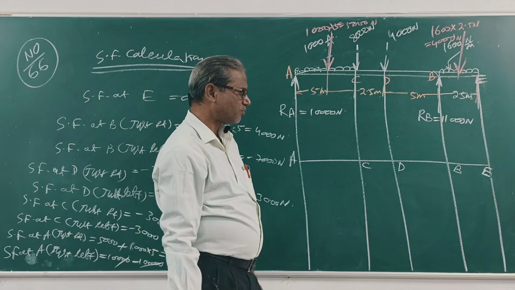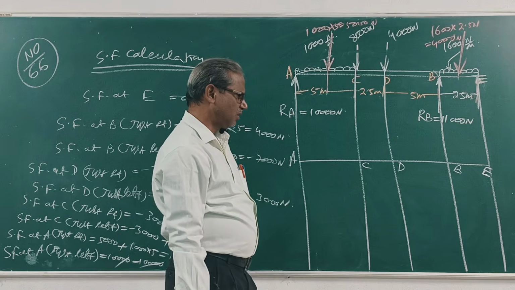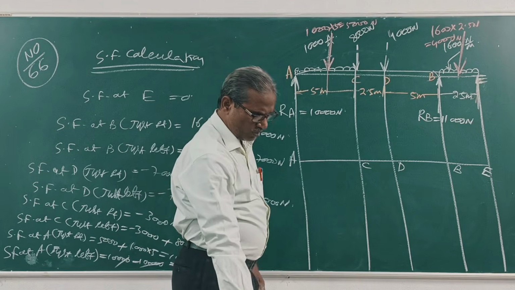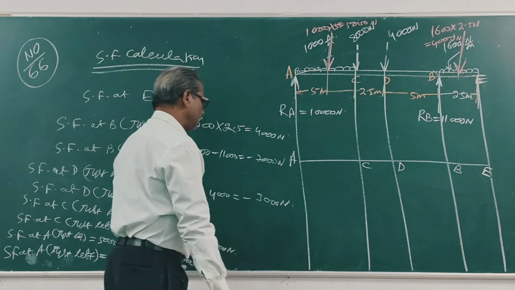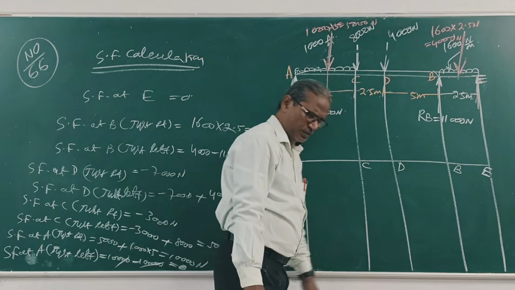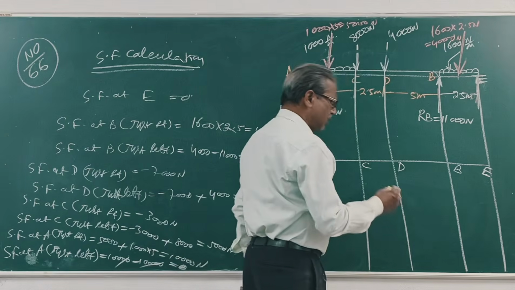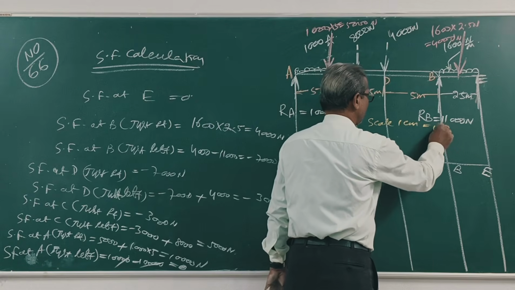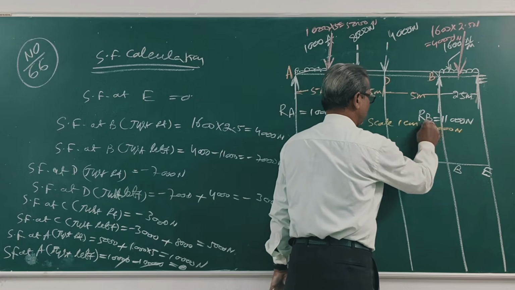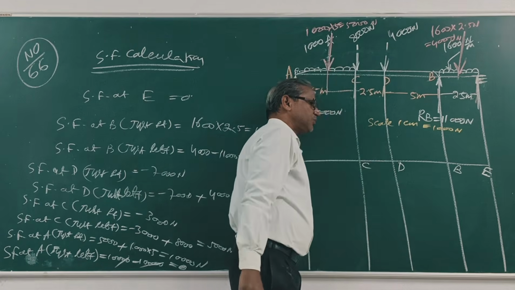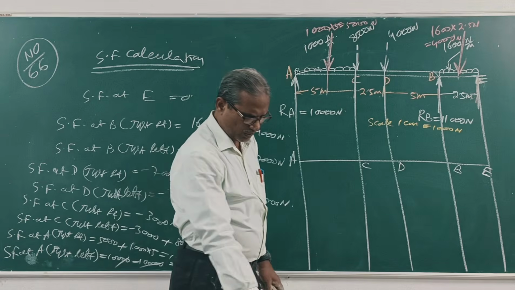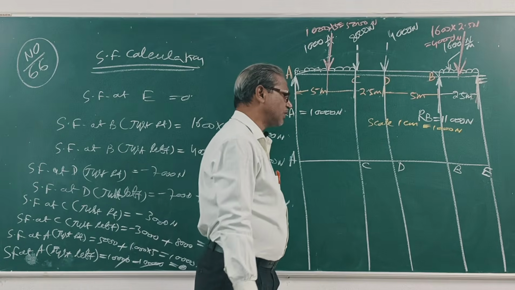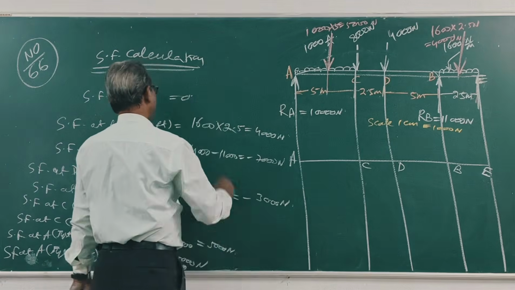Now, scale: 1 cm is 1000 Newton. At E, 0.